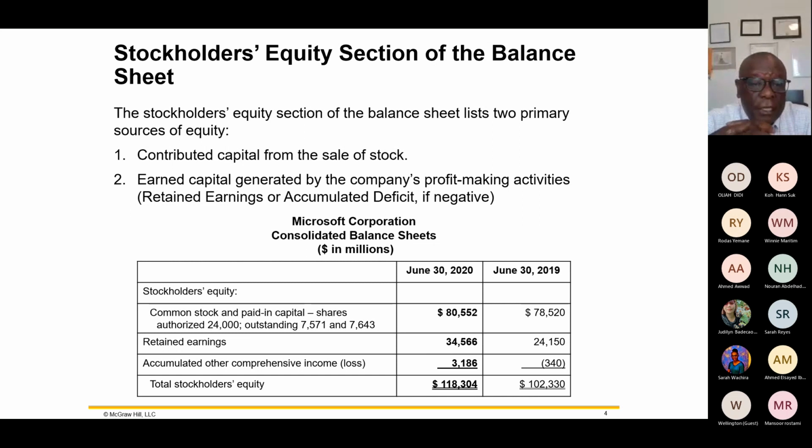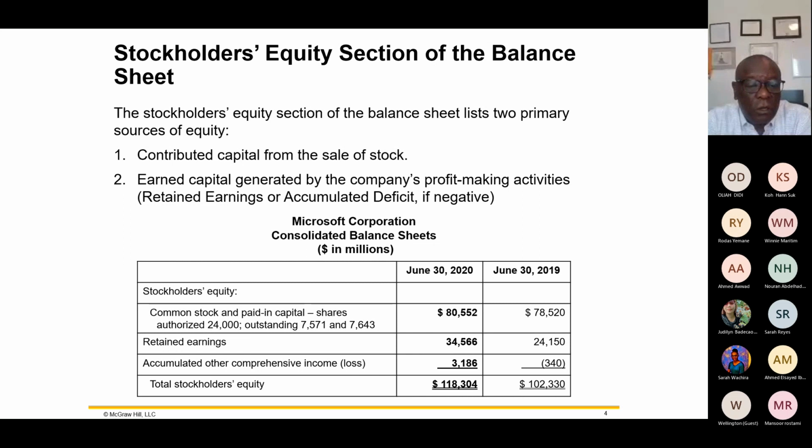If somebody can tell us in a nutshell how we come about stockholders' equity, what are the accounts under stockholders' equity? Anybody? What are the accounts? Okay, the first one we have is the common stock, common stock that had been issued and fully paid, will be one of the items.